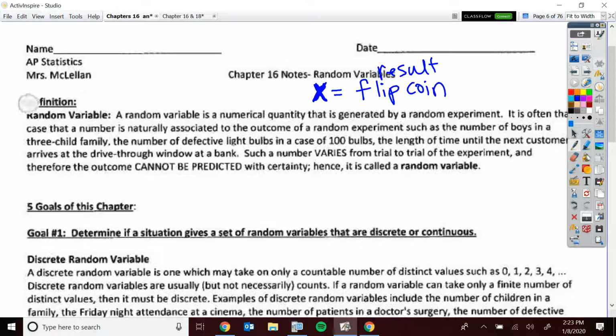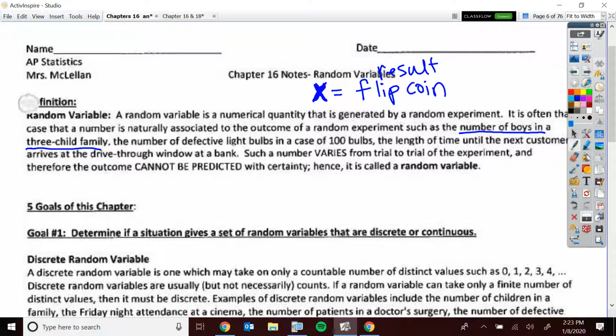All right. Here are some other examples of types of random variables. A variable could be if X represented the number of boys that you have in a 3-child family. So what are the options? How many boys could you have? 1, 2, or 3.